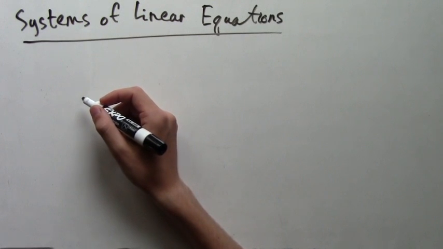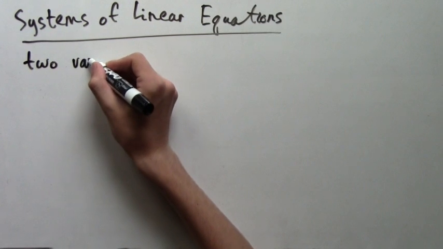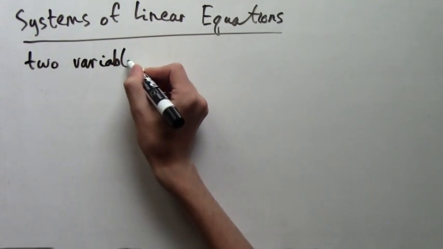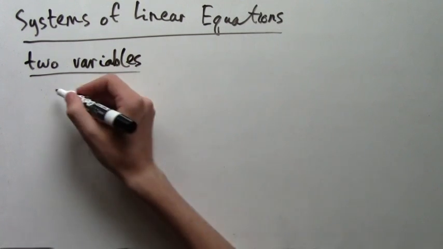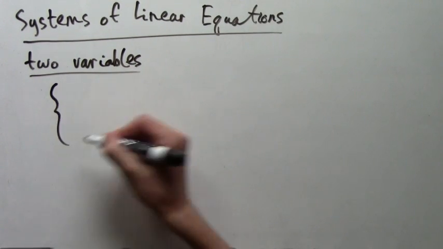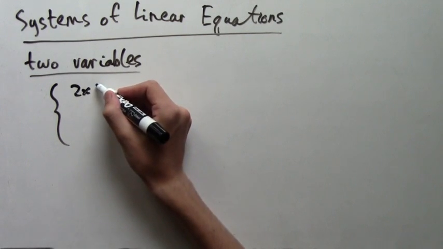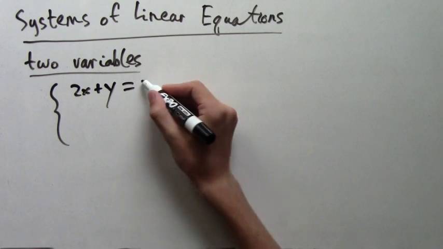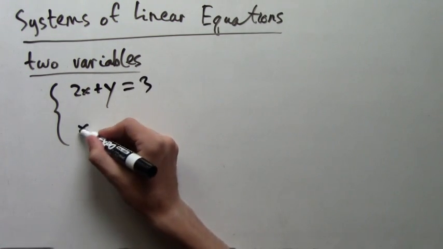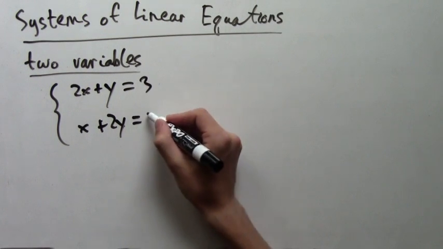First, remember that a system of linear equations has two variables and two equations. So we will solve the following example: 2x plus y equals 3 and x plus 2y equals 7.